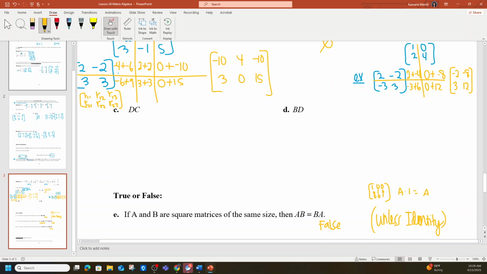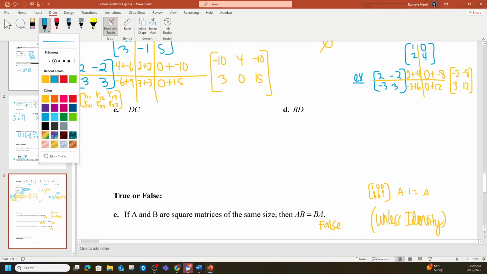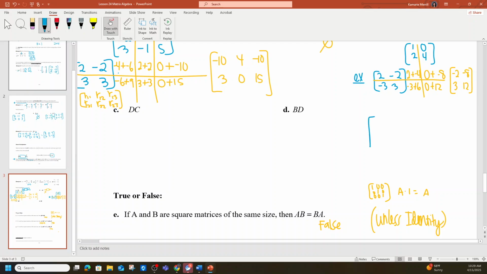Okay, let's reverse those and show if they're commutative. So we're going to redo this. Oops, I need some space above me. This is just kind of a side example. I'm going to reverse this and do 1, 0, 2, and 4. The only reason this would work, by the way, we're going to talk about this, is if they're inverses.